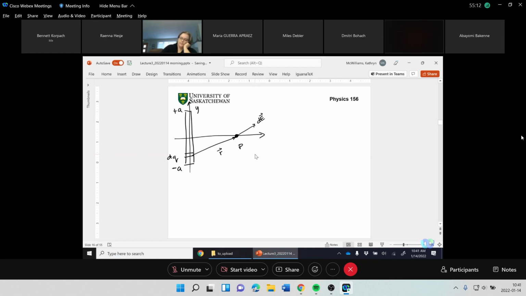So we've got dEx, dEy, and theta. This also is written out in your book, by the way, so you can review this there too. So we want to integrate, which is equivalently summing or adding.